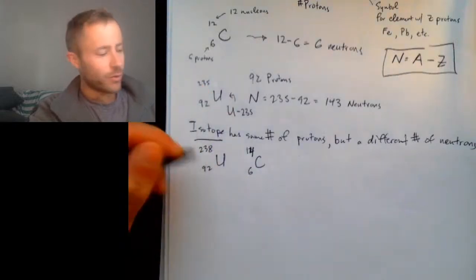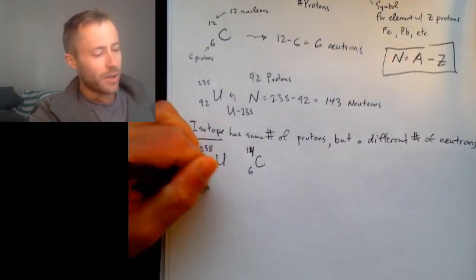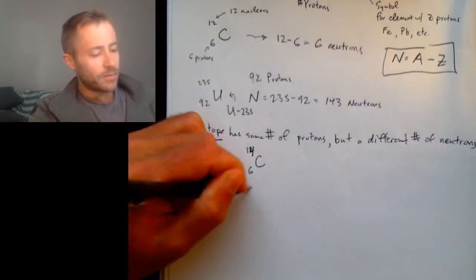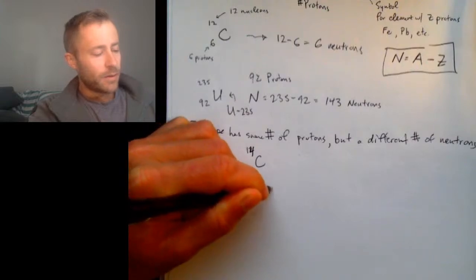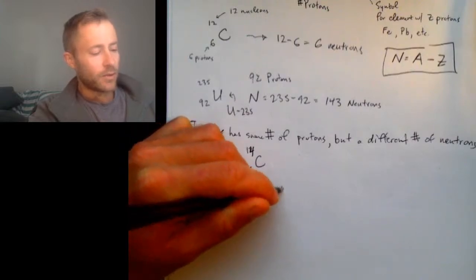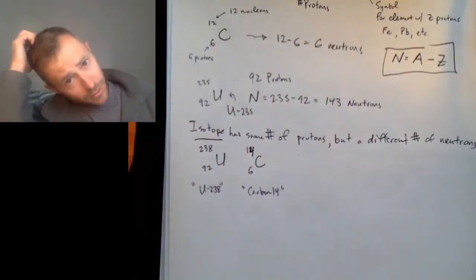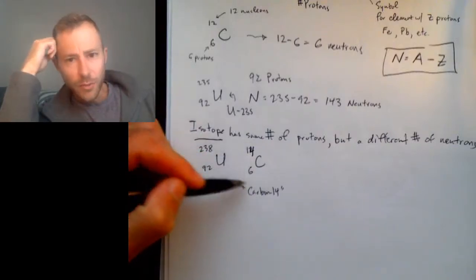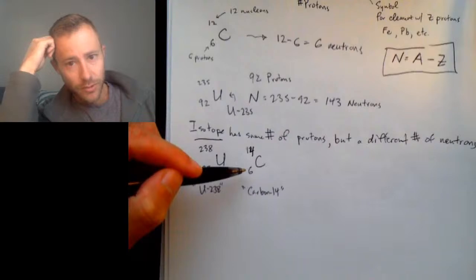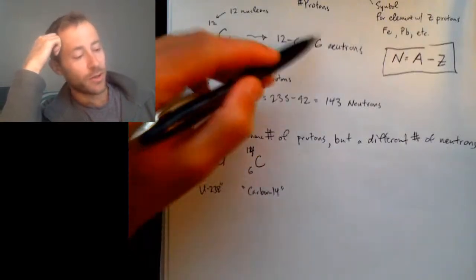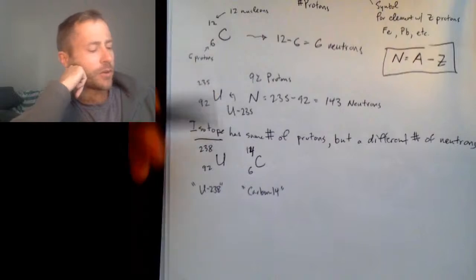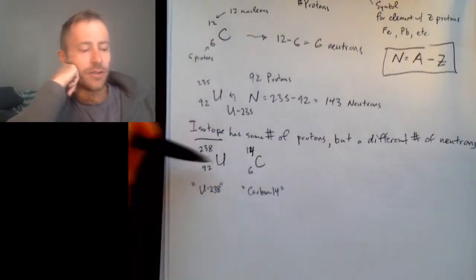You could write it like this, or I could say uranium-238, or here I could say carbon-14, etc. Okay, so that's just another way of saying the same thing. This, of course, is going to have 8 neutrons as opposed to 6 neutrons for the standard form of carbon, which is the most prevalent form found in nature. Okay, so this is an isotope of carbon.